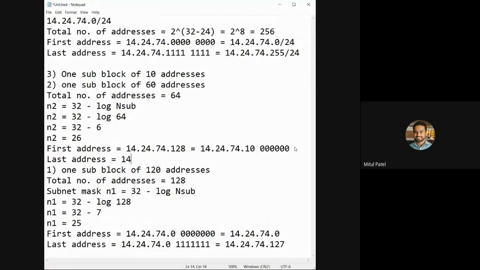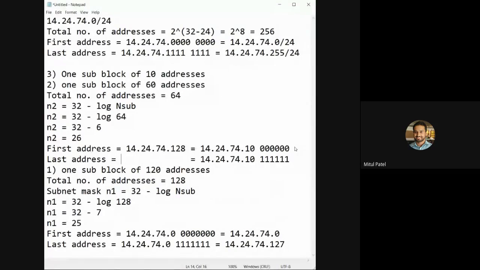14.24.74 is fixed, and by setting the rightmost 6 bits to 1, that will give you the last address of the second subblock.